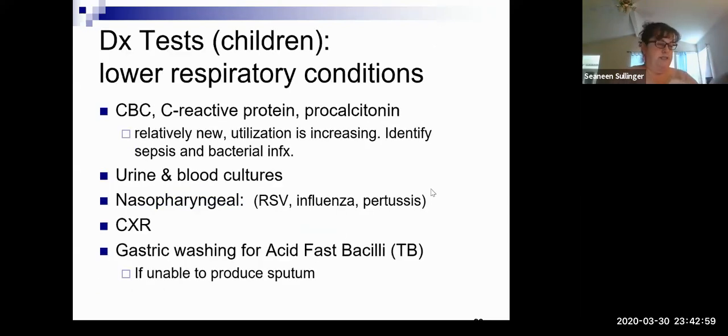So different diagnostic tests that you can perform for lower respiratory conditions. Some of these are the same that you would see in upper respiratory. You're going to get blood work. You would expect the CBC, which would be testing for, hopefully you filled in that blank, looking at white blood cells, CRP, C-reactive protein, which checks for inflammation, right?